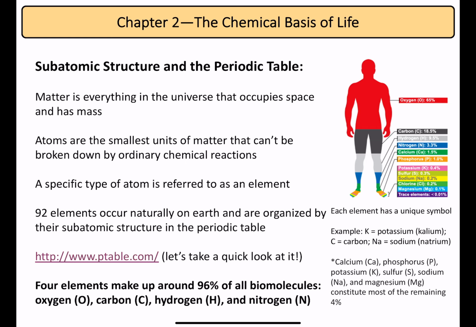So anything relating to biology always goes back to chemistry, because living things are made of chemicals, molecules. Everything on the planet that is considered matter is made up of molecules.